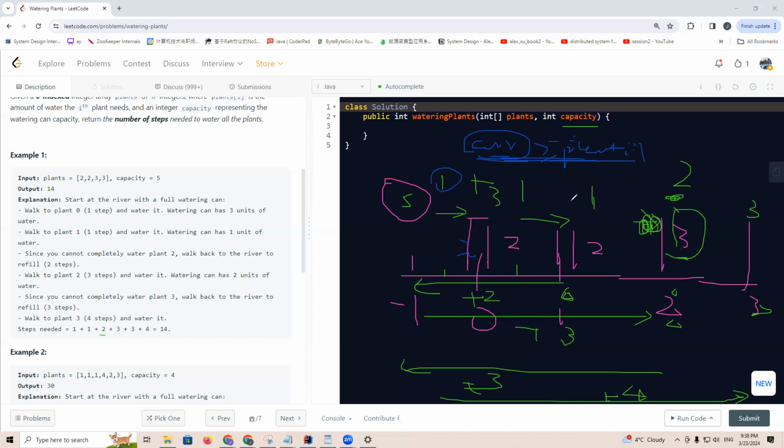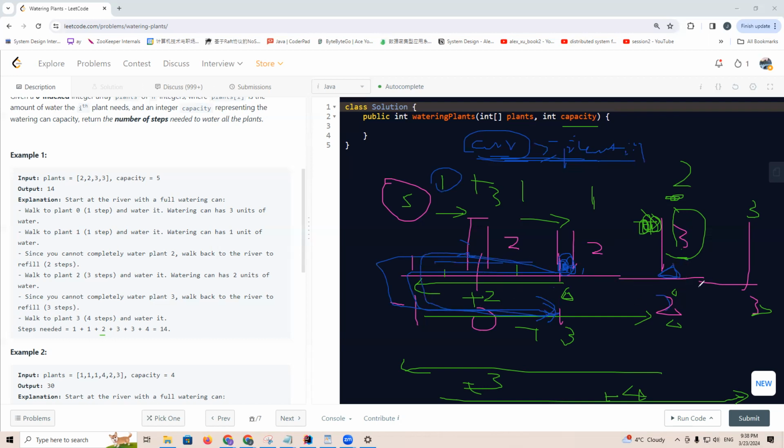If it's not, for example the next one, index I, we don't have enough water, right? So what we do is, from this index 1, go back 2 steps and go forward the same kind of steps.